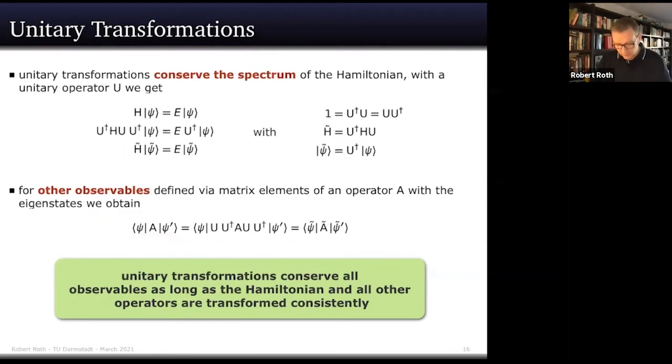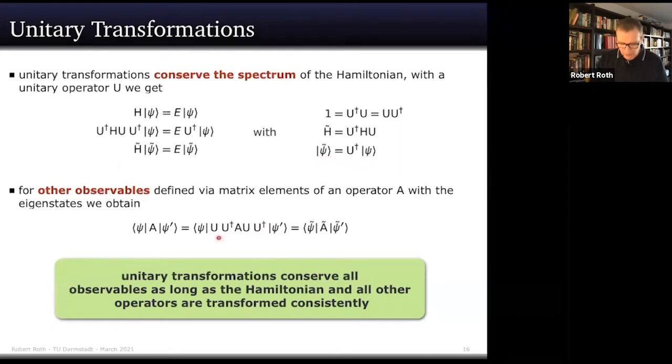Now I again plug in ones to the left and to the right of this A. I write them in terms of the U dagger U's. And I look briefly at what I've got. In the middle here, I have again this unitary transformation of the operator A, which I now call A tilde. And on the right, on the ket side, I recover the psi tilde or psi prime tilde, so this unitary transformation of my state.